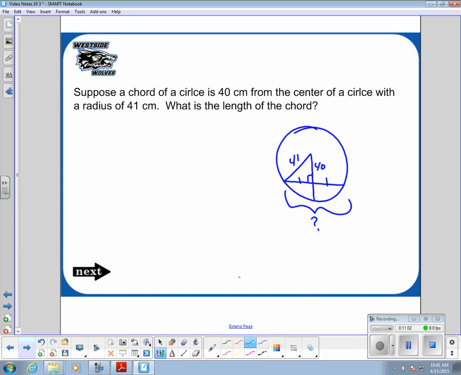So we have blank, 40, 41. That might be a Pythagorean triple. If not, you can use the Pythagorean theorem and work it out. What we find is that the missing value is 9. So this other missing value is 9. Therefore the chord is 18 centimeters long. There's our answer.